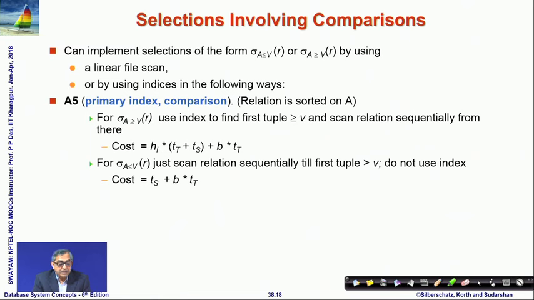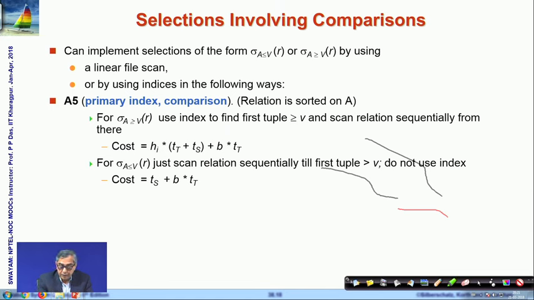So, I can scan sequentially from there and get them. Finding the first one will take this cost, because I am doing a search on the primary index, and then if there are B blocks containing the result records, this is the cost that we will need.